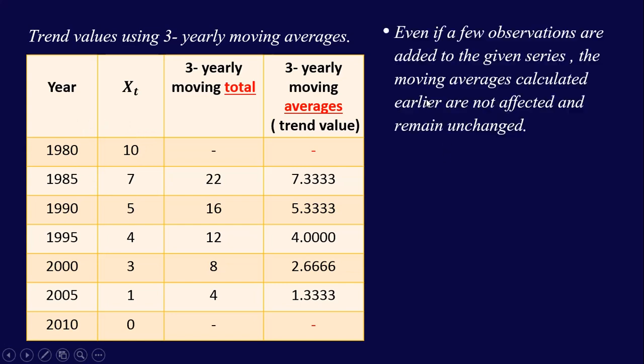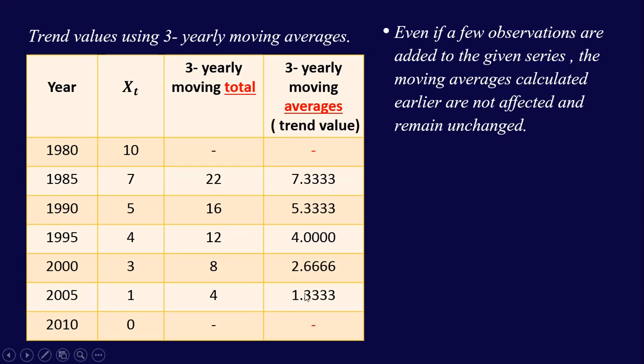Even if a few observations are added to the given series, that is if we know observations before 1980 and we write here, and after 2010 and we write here, then these averages will not get changed.